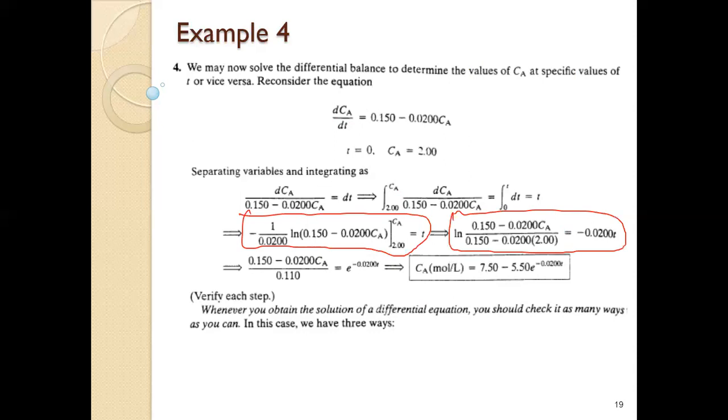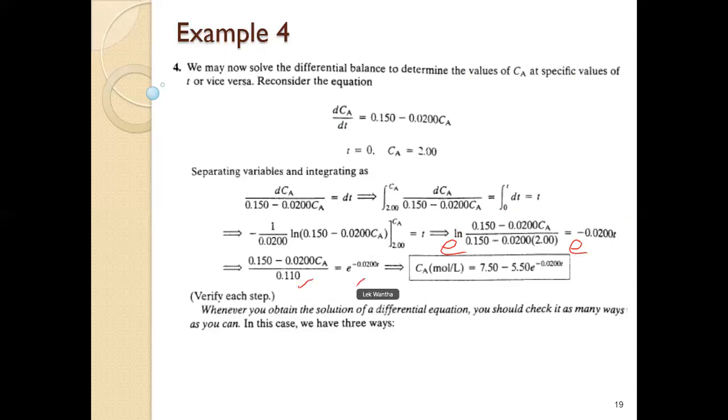Then you can express CA as a function of time. For this case, CA is in terms of a logarithm, so you can take the exponential, and you get this term equal to this. Then you can solve for CA. CA equals this. This is the concentration as a function of time.